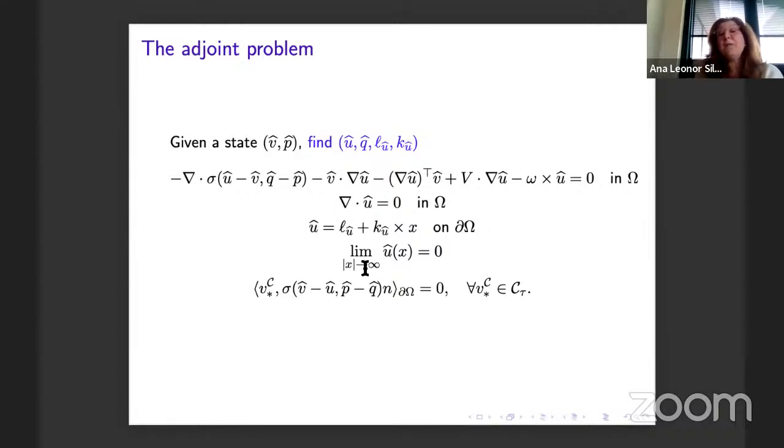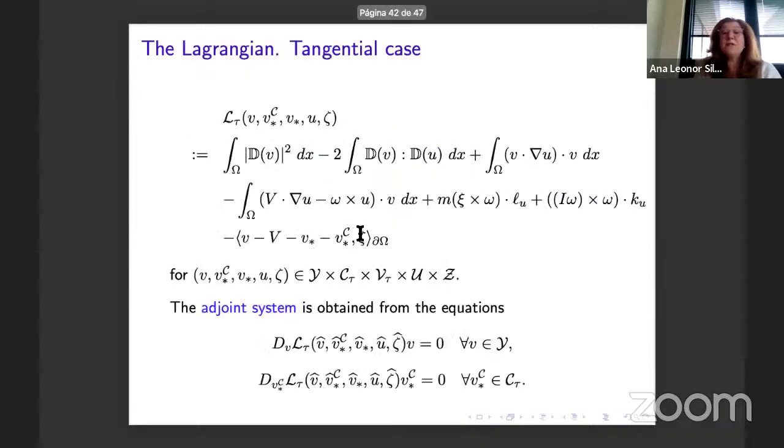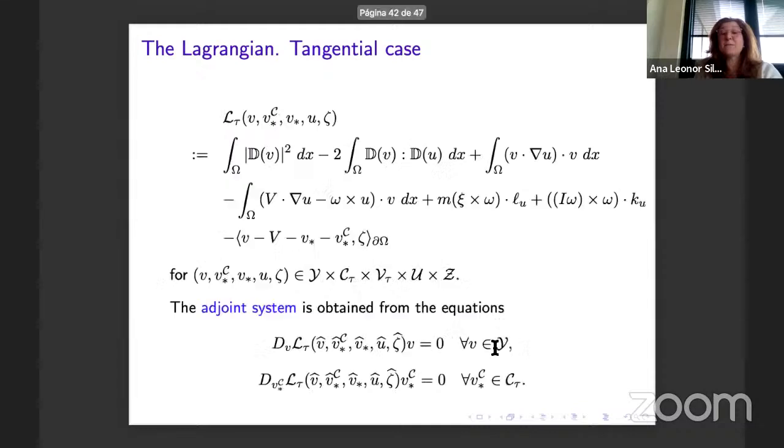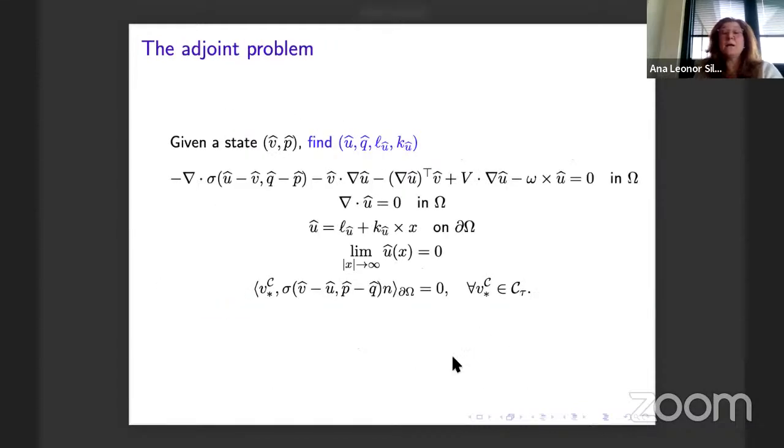Now, what we have here that may be new is this kind of boundary condition in the control space, which comes from what we have considered here in the Lagrange multiplier space. This is associated with the boundary condition.